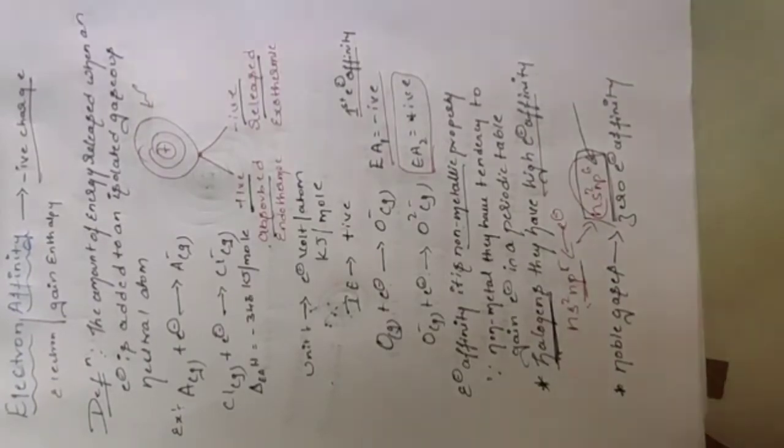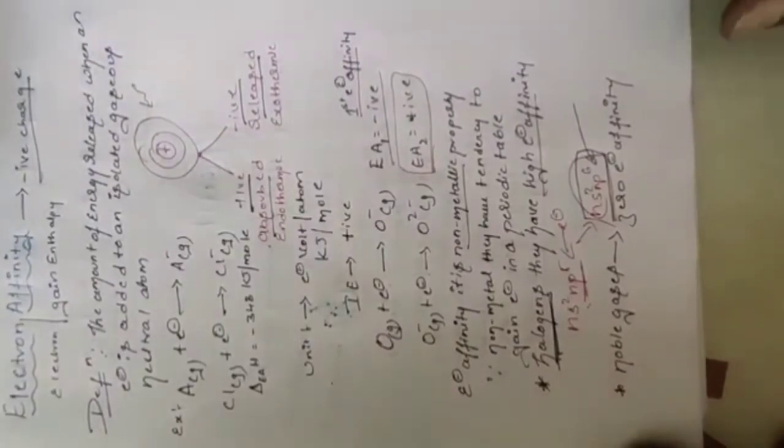Okay, next we are going to talk about variation of electron affinity. Here, what variations occur in the periodic table. You see the variations of electron affinity in the periodic table.